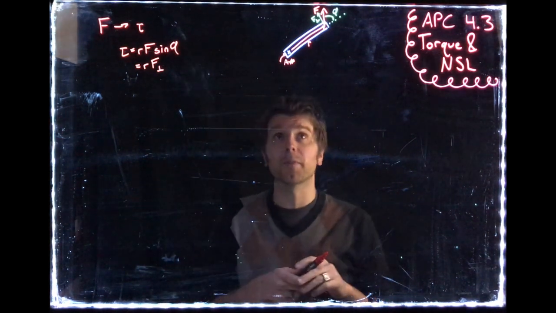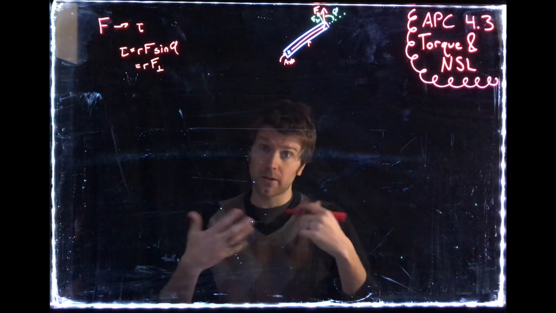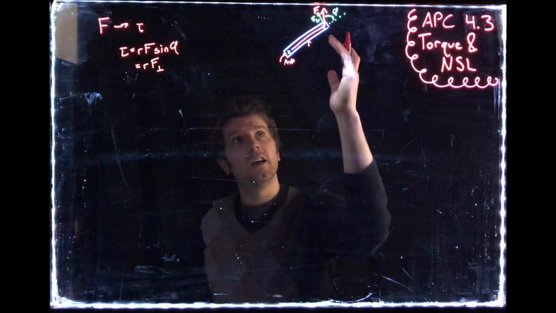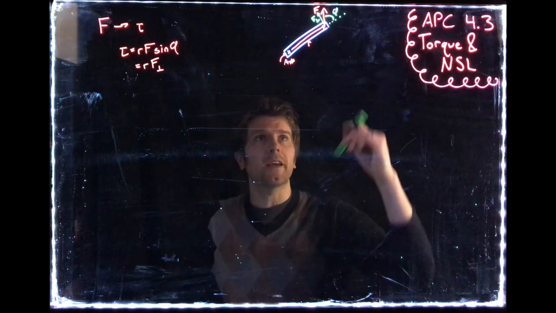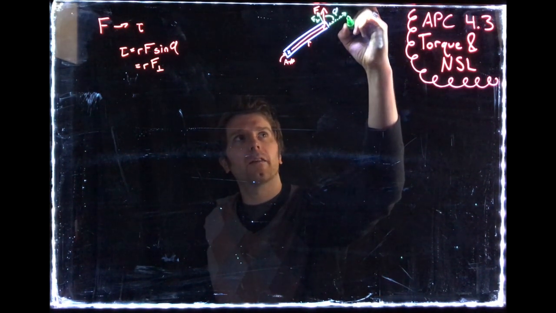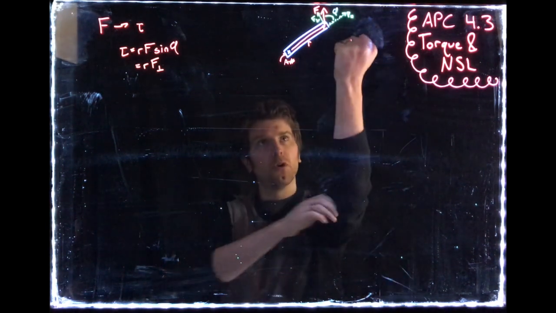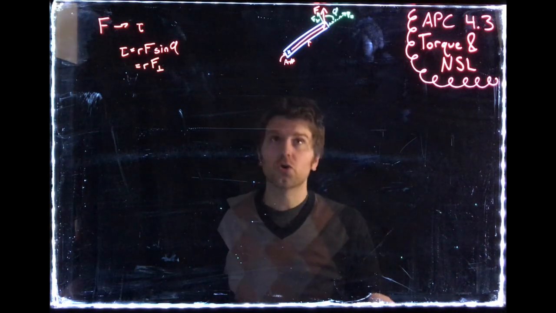And why only the perpendicular component? Well, just like for work, where we only wanted the parallel component because that was the part that was going to make things move, in this case, hopefully it makes some intuitive sense that the perpendicular component is going to be the component that causes things to rotate, and that the parallel component isn't going to cause this arm to rotate, right? That's just pulling directly on it. So only the perpendicular component generates torque.